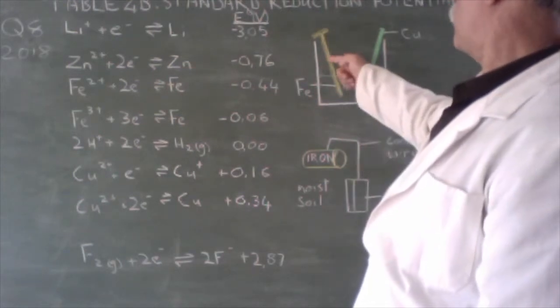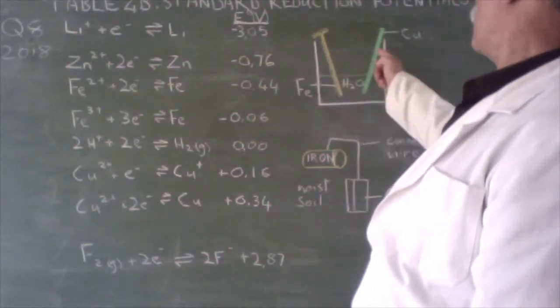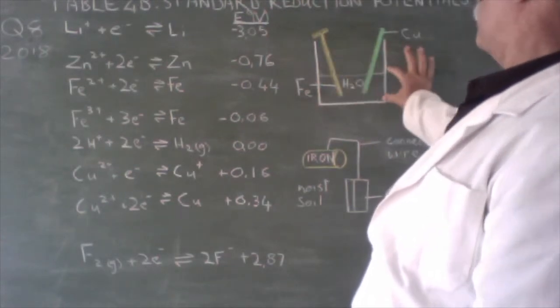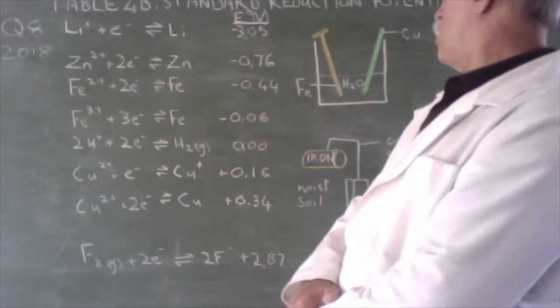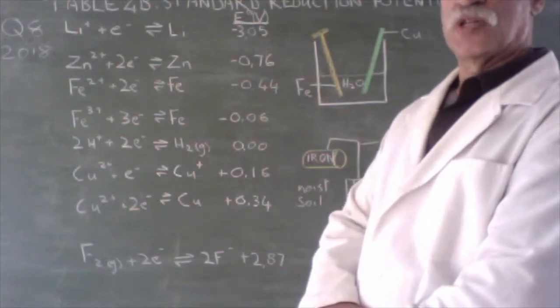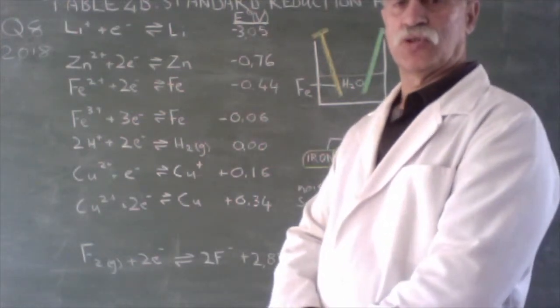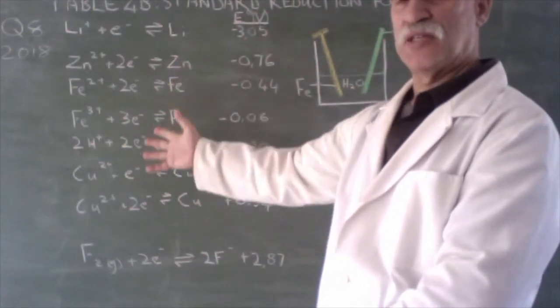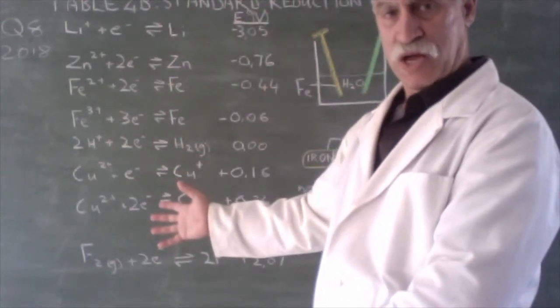Now they have a question, the question 8 paper. You have an iron nail and you have a copper piece of metal in a beaker of water, and they ask a question, which one is going to rust first? And they expect you to go to this table and to have a basic understanding of what this table is about.